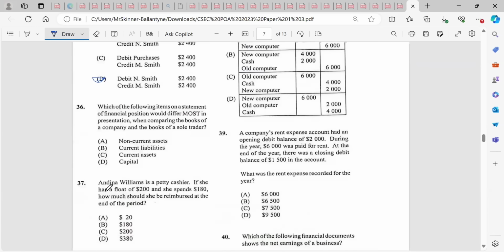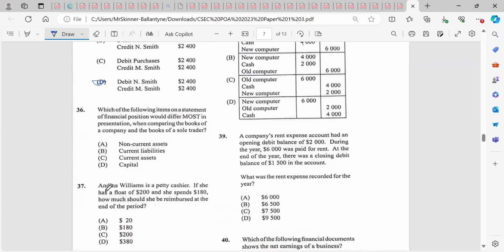Number 36, which of the following items on a statement of financial position will be presented differently when comparing the books of a company and the books of a sole trader? Which one will look different the most? Capital.